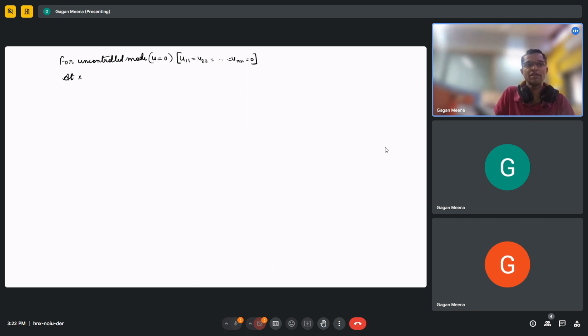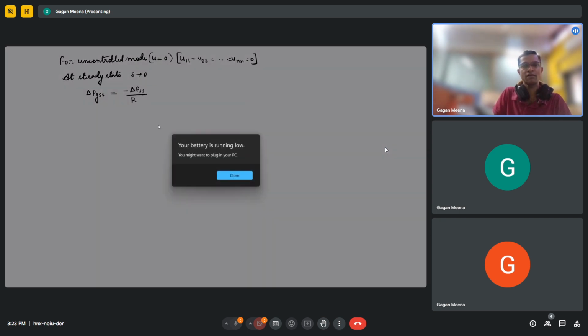At steady state, the derivative is 0, so s approaches 0. Same as the single unit isolated system, we have delta PG steady state is equal to minus delta F steady state divided by R.